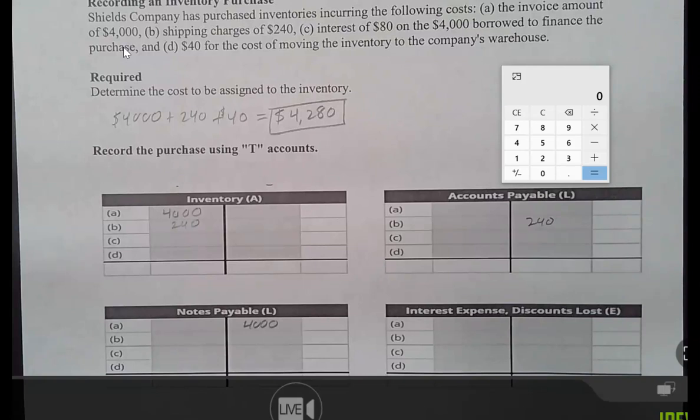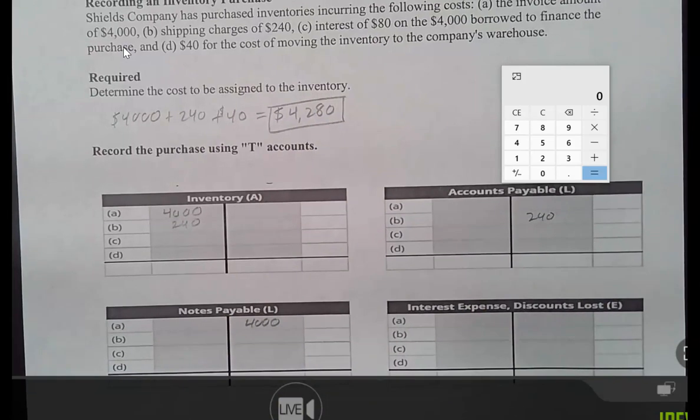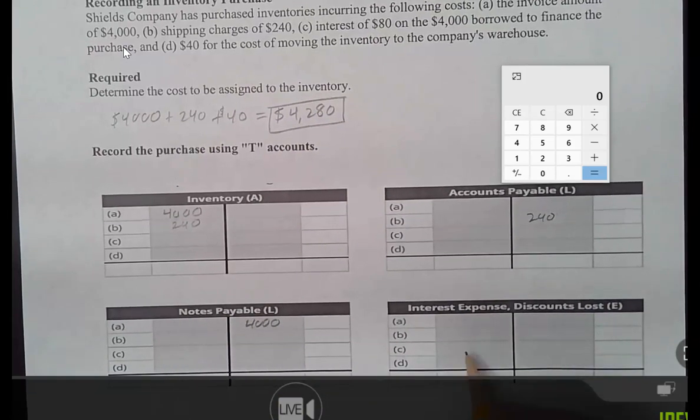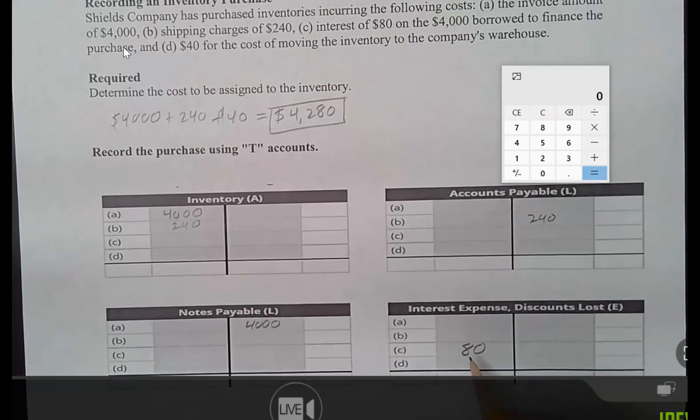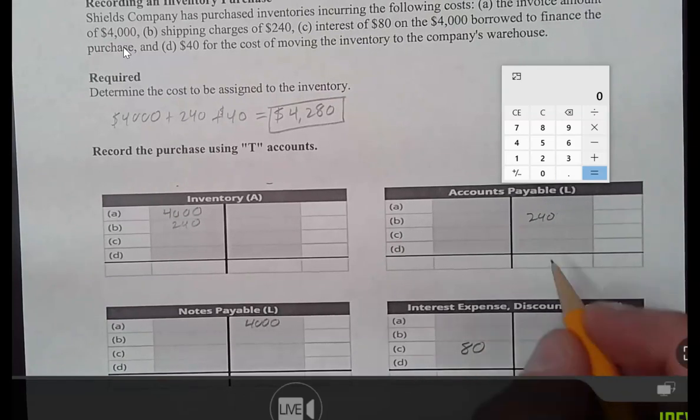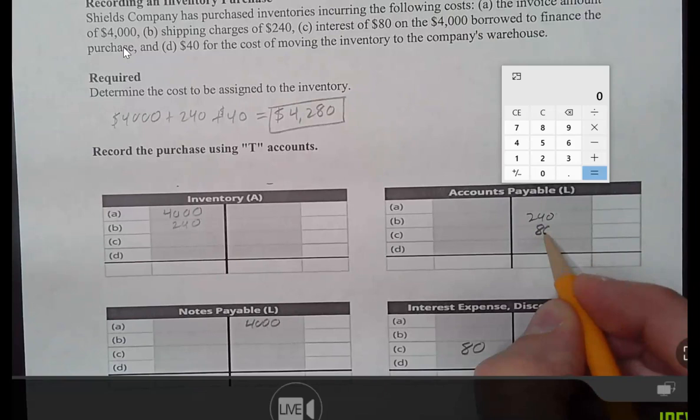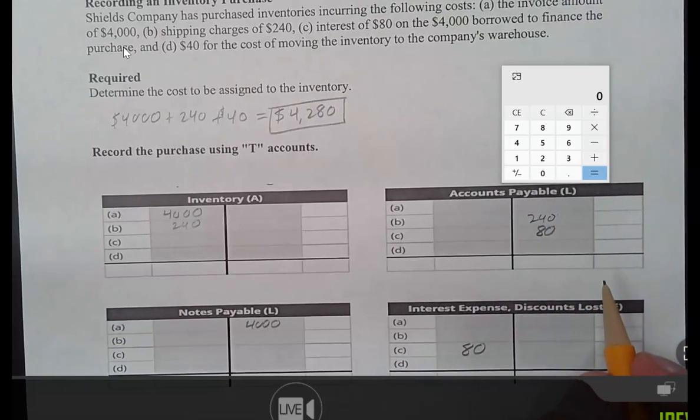All right. So when we look over here with the interest expense of $80, well, expenses have a debit or left side balance, so we can enter that in pretty easily. And again, no cash T account, so we will have to assume that this is an interest expense that has not yet been paid but will be paid fairly shortly.